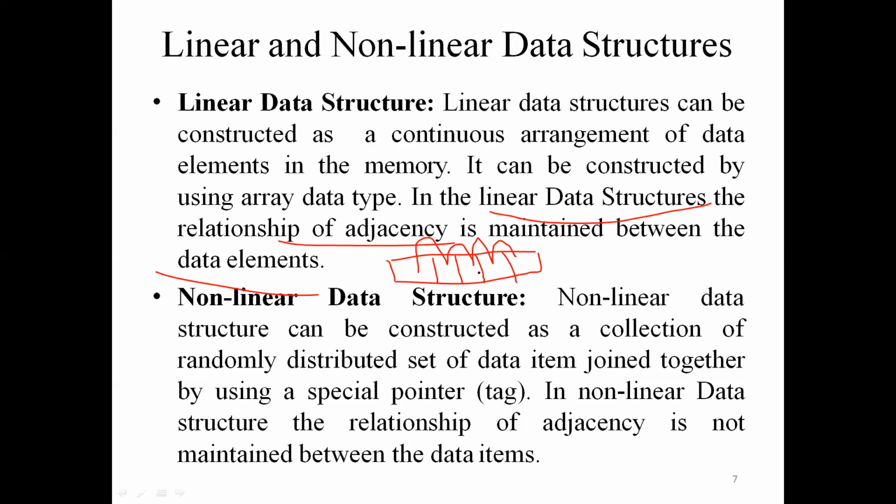But in the non-linear case, the relationship of adjacency is not maintained between the data items. It is based upon the pointer where you are storing the address of the next node.